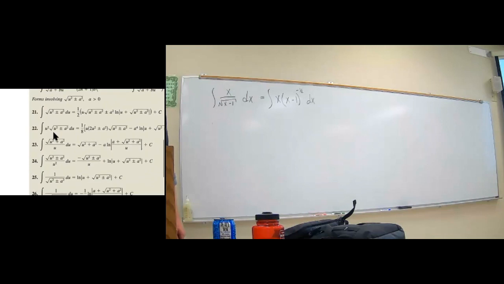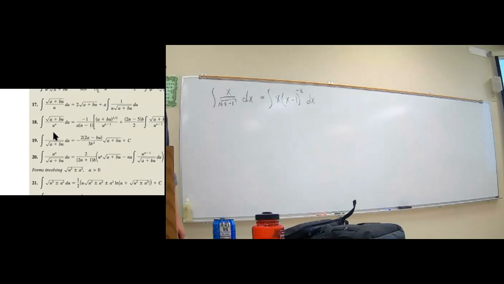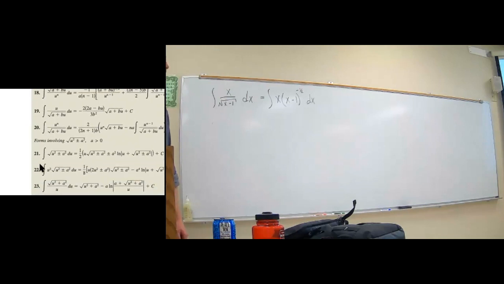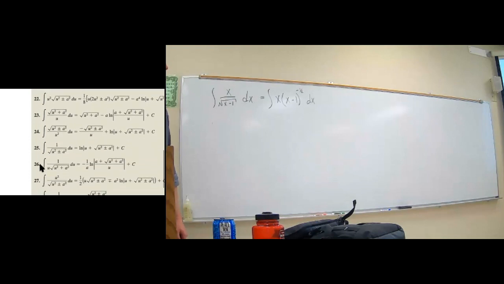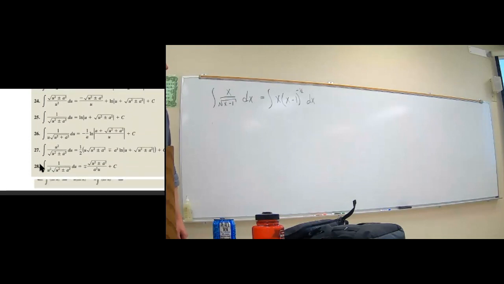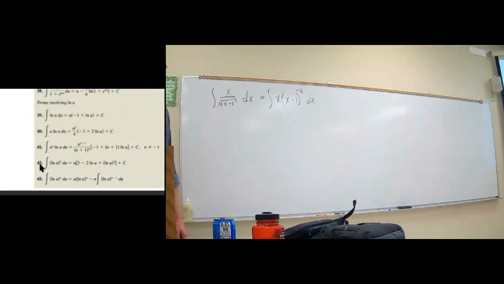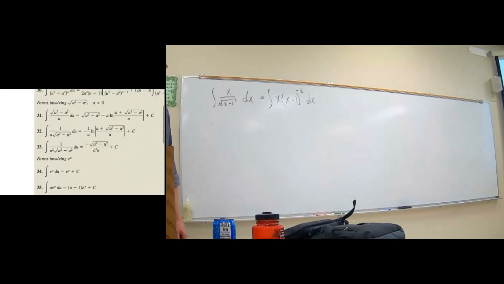We go through here and we're like, well, this 19 kind of looks like it. This 20 kind of looks like it. Kind of. Of these, those are the only ones that kind of look like it, but let's keep looking.